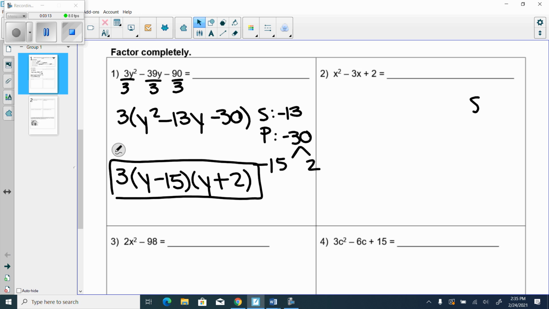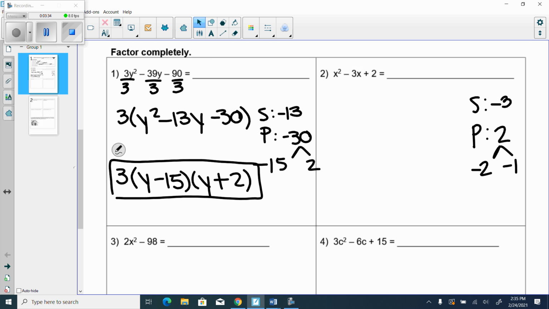So now I just need to identify the sum and the product. What are those going to be? So it multiplies to give us 2, adds to give us negative 3. Right? Both have to be negative.